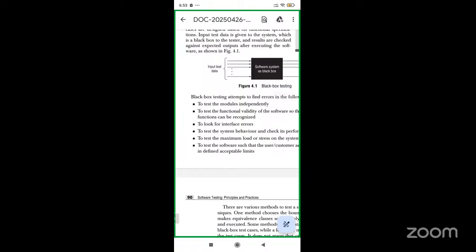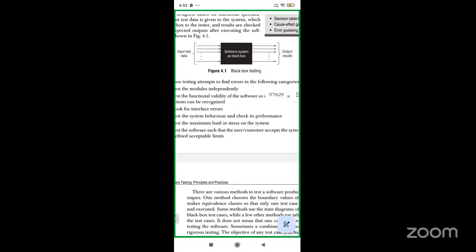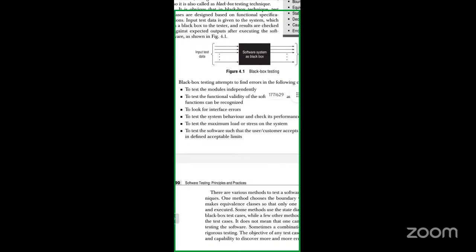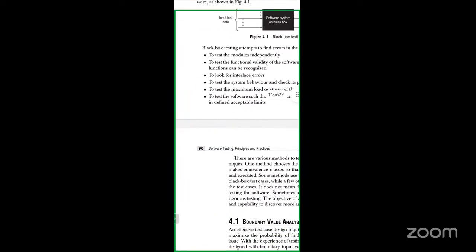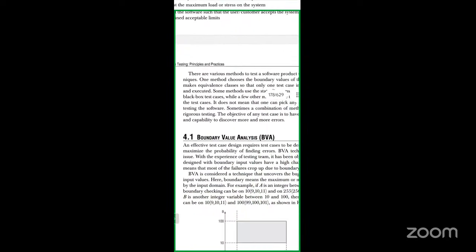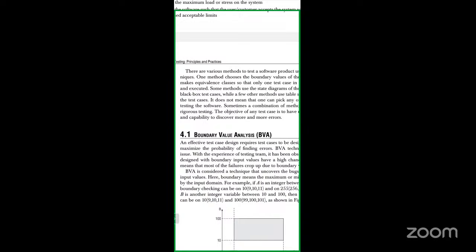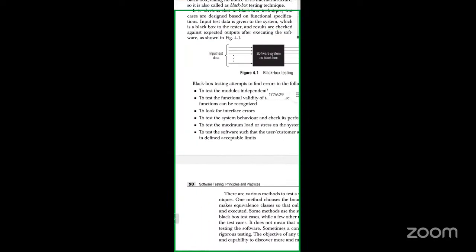To look for interface errors. To test the system behavior and check its performance, and to test the maximum load or stress on the system. To test the software such that the user or customer accesses the system within defined acceptable limits. That is what we check in black box testing.